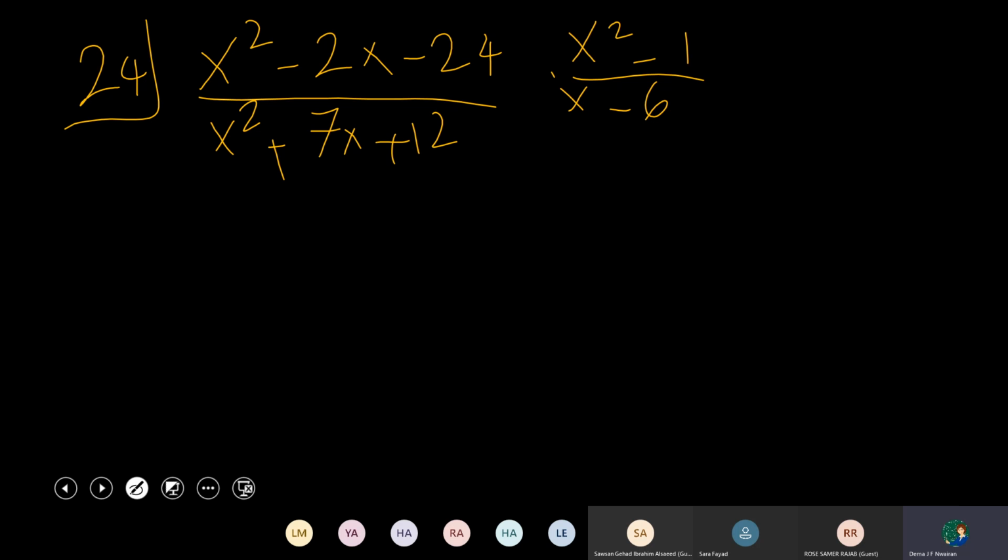I want now to simplify each rational expression. So here, the first step, let's factorize each numerator and each denominator. They are x... 24, it is 6 and 4.